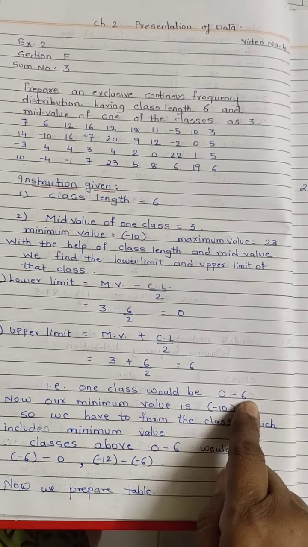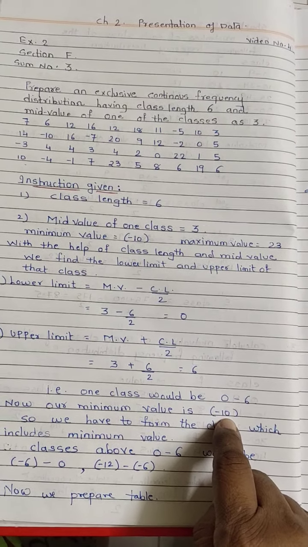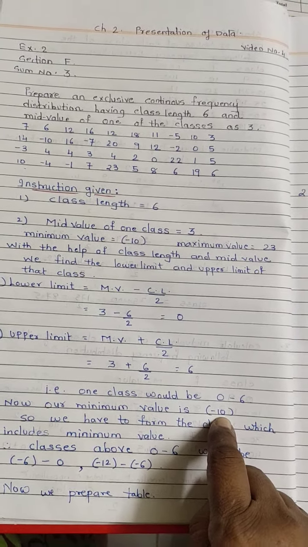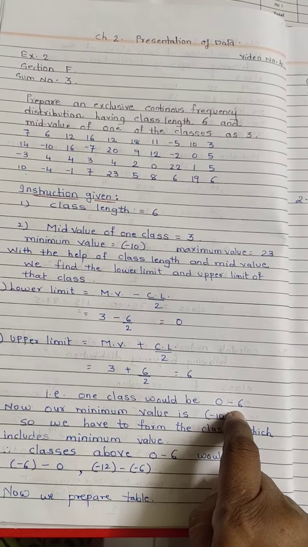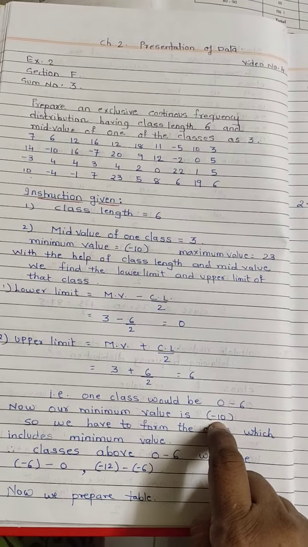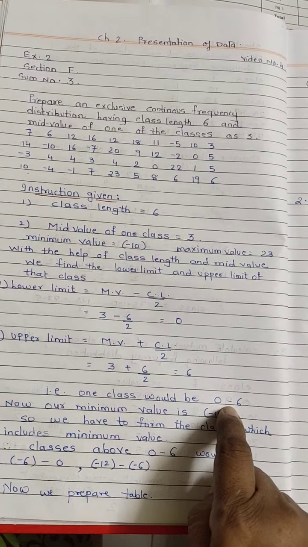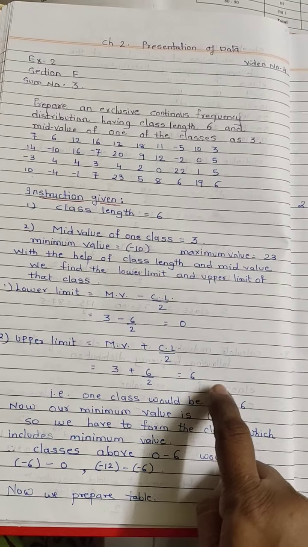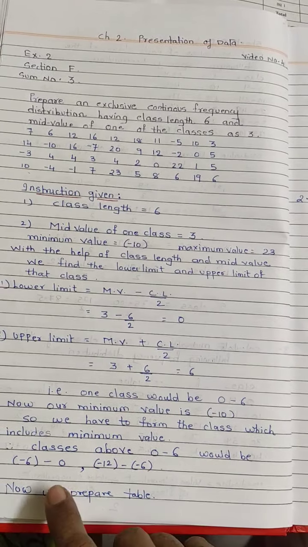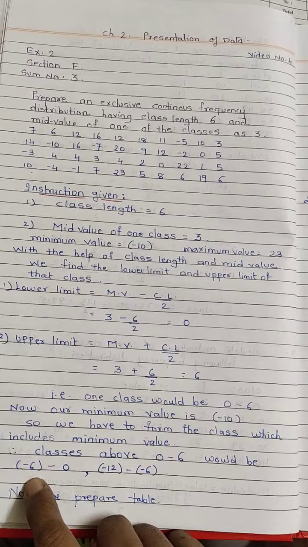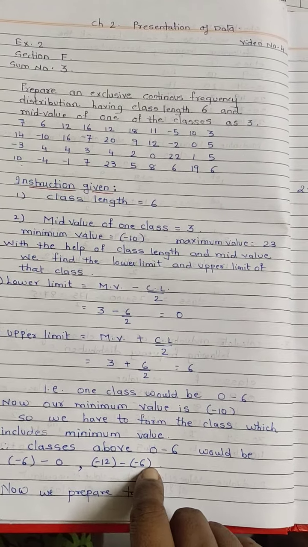Now as I said earlier, the minimum value -10 should be included in our first class. The class which we have obtained is 0 to 6. It means -10 is not included here. So we have to form the classes above that with class length 6, which can be -6 to 0, -12 to -6.